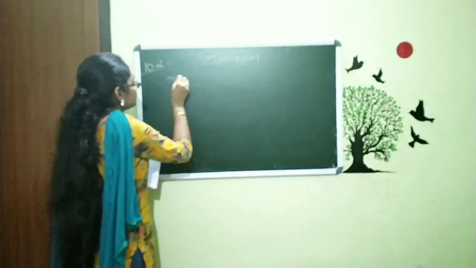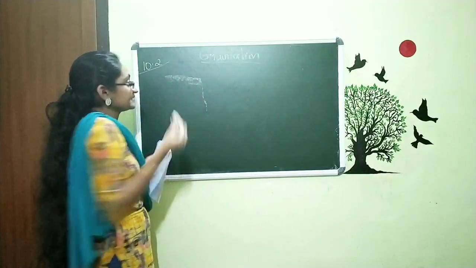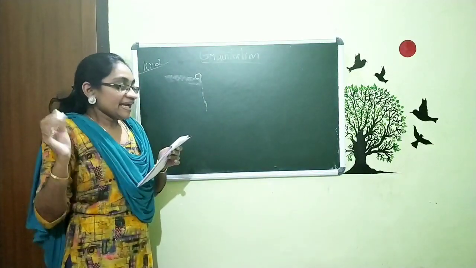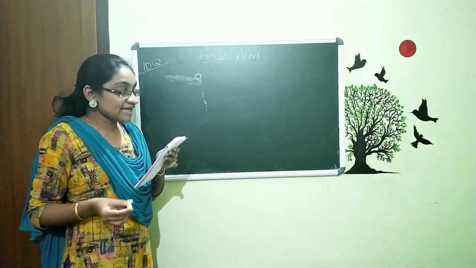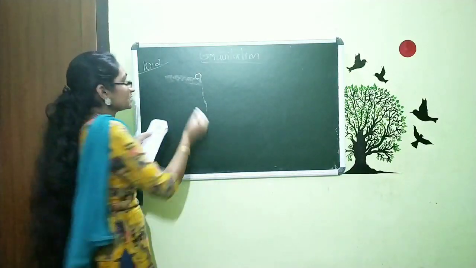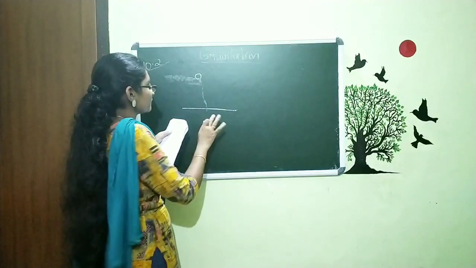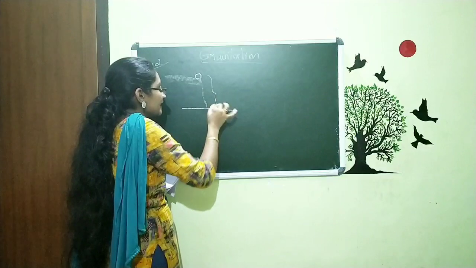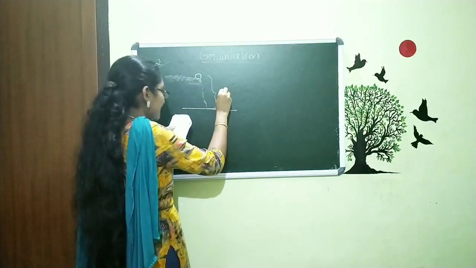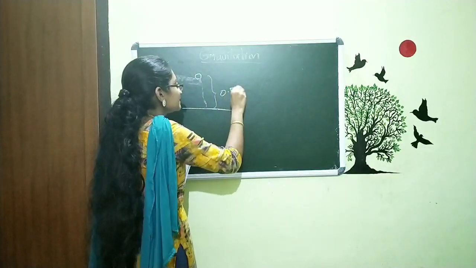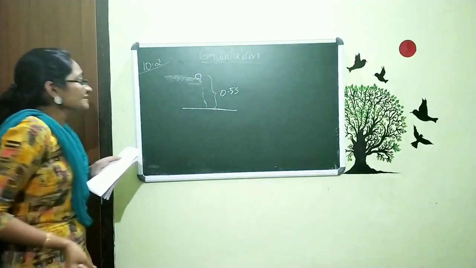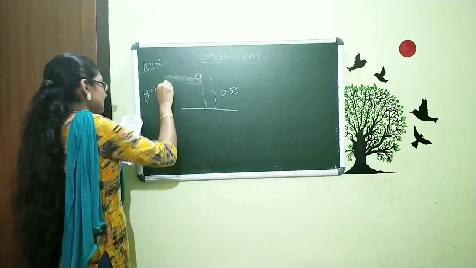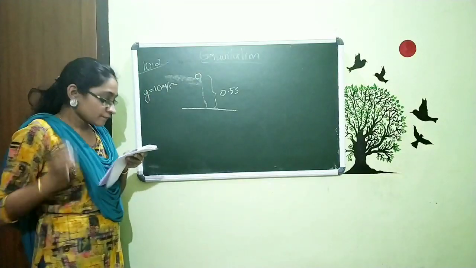That means a ledge is there and a car is at this point. A car falls off a ledge and drops to the ground in 0.5 seconds. That means this car is coming down and reaches the ground in a time of 0.5 seconds. And here they gave the value of g as 10 meter per second square.